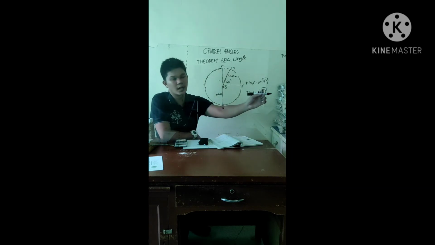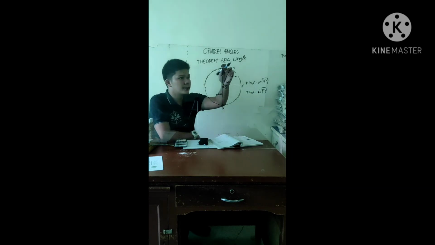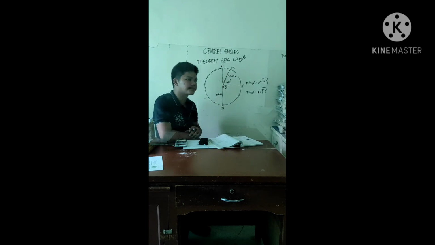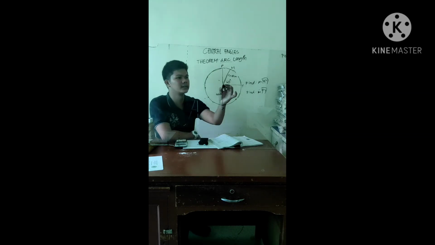Find measure of your arc PY. So, si PY naman daw. And since this is your diameter, and dito, 90 degrees, so meaning 90 degrees din dito.